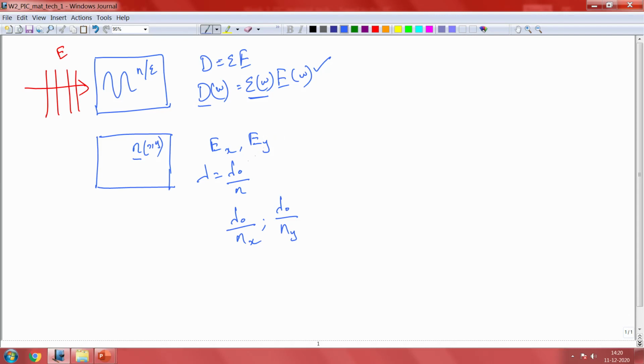In the other case, you have a material that has two different refractive indices in two different directions, that means it is anisotropic. In that case, the field oriented in the x or y direction is going to see a difference in the wavelength and also in the speed. So the speed of light is also going to change.